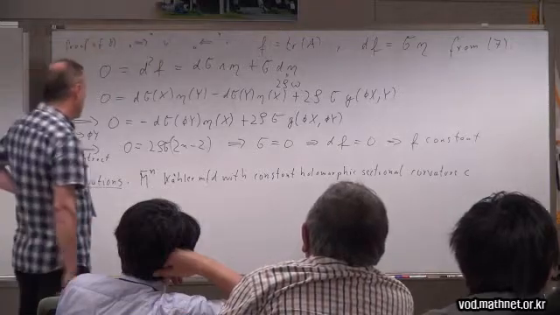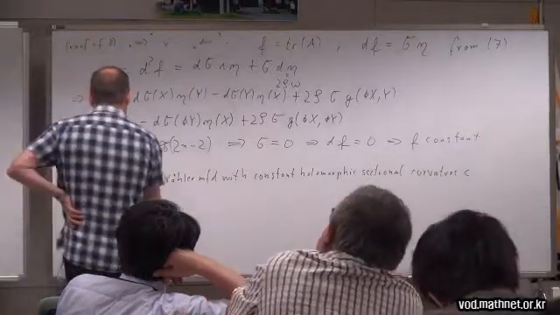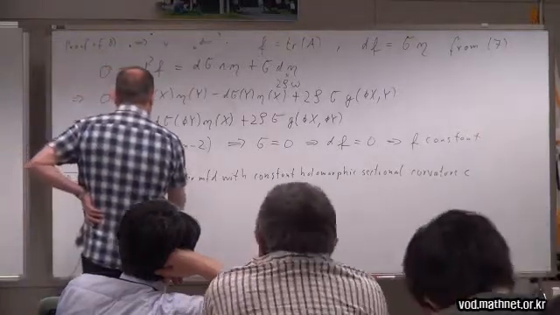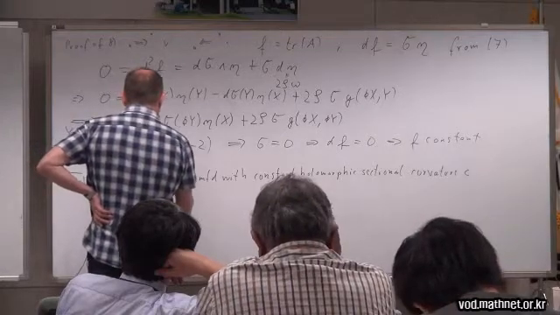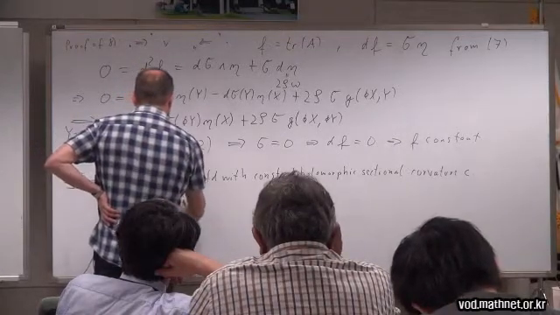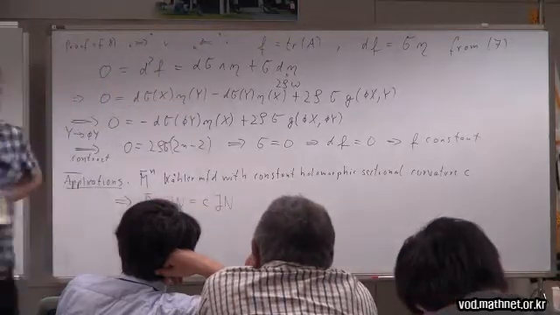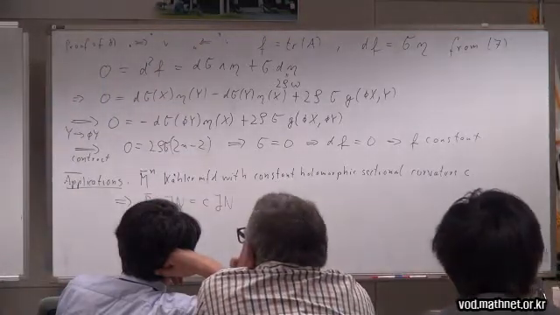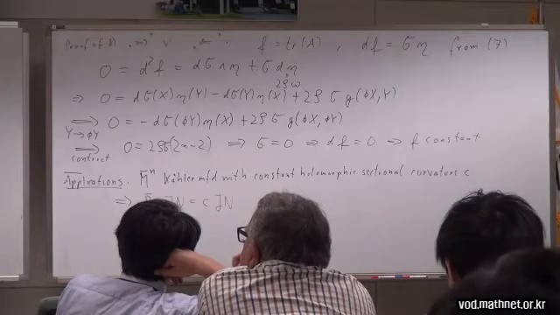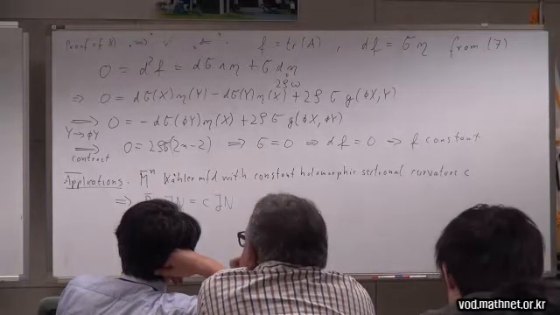I don't want to write this down, but what one knows is always R bar n of Jn is then c times Jn. This is always true in a space of constant holomorphic sectional curvature, no matter which vector n you choose.